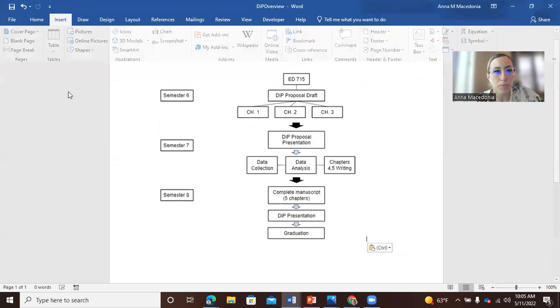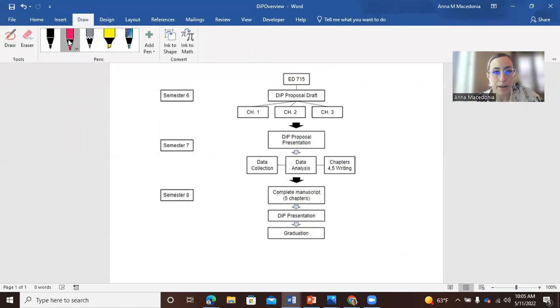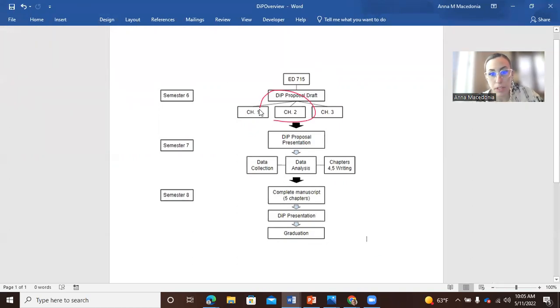So for ED 703, you are actually writing your chapter 2, which is your literature review. That is why the work that we do in this course is so critical: the major outcome of this course is that you will have a really solid draft of chapter 2 that you'll revisit in ED 715.